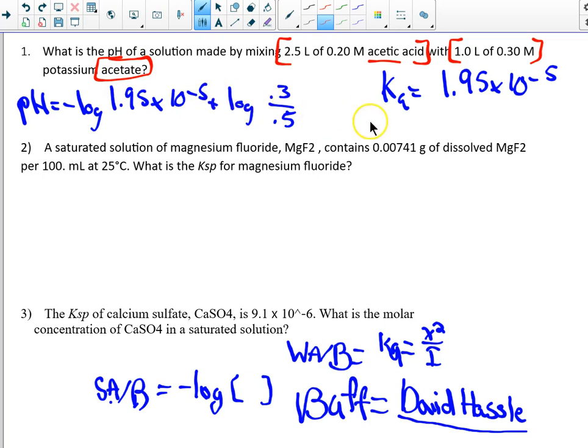So this problem, yes, it's a buffer because it gave you weak acid and conjugate base. So yes, it is. We don't have to do any chemistry. We just have to Henderson-Hasselbalch. We only do chemistry and then the subtracting and adding if I gave you strong and it made a weak. This I gave you weak and I gave it to you.